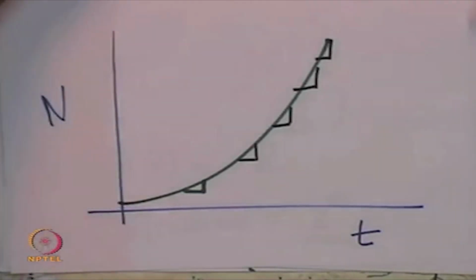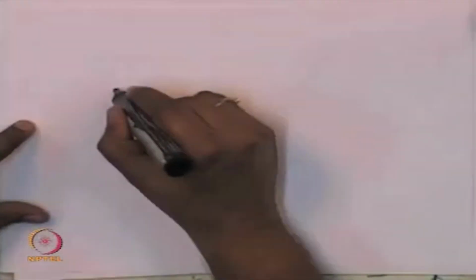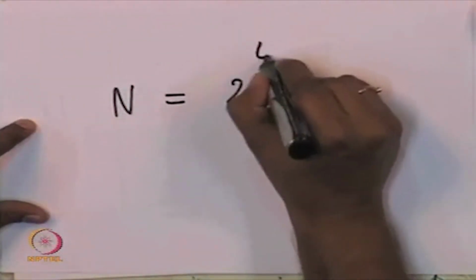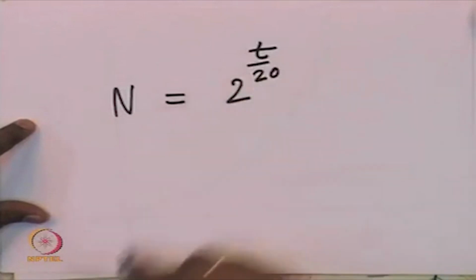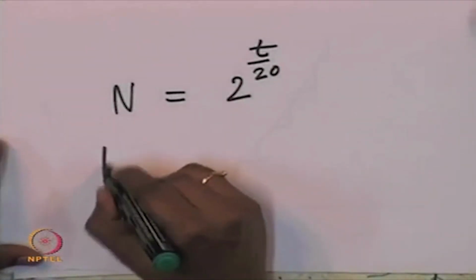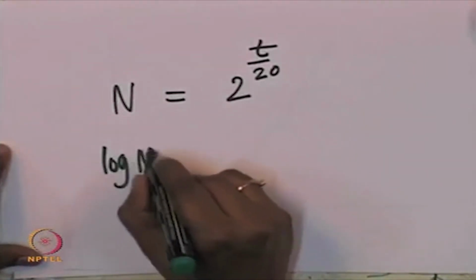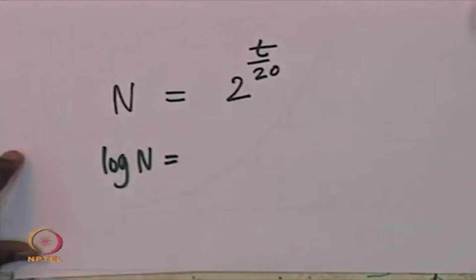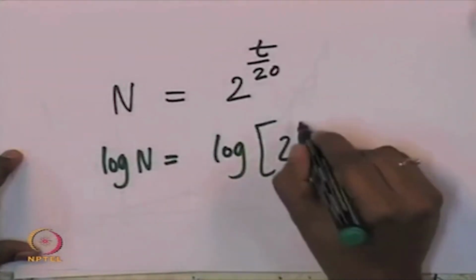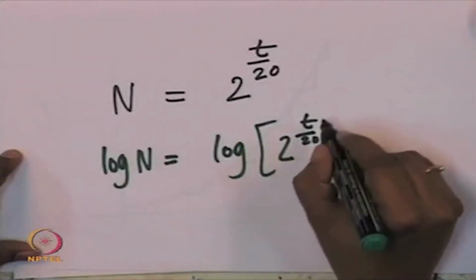What we know here is, the function we have is n is 2 power t by 20. Now, if you find the logarithm, log of n, so log n is log of 2 power t by 20.